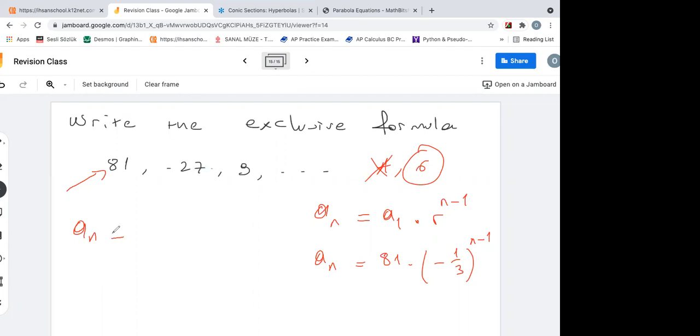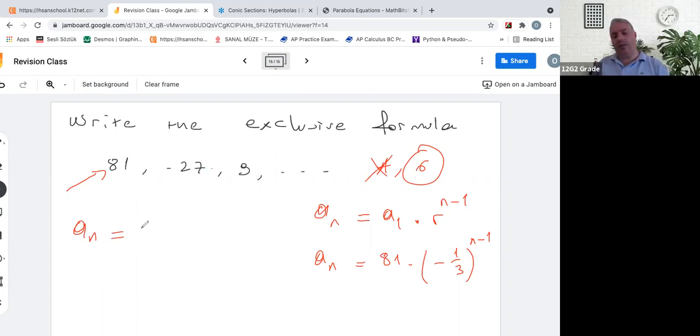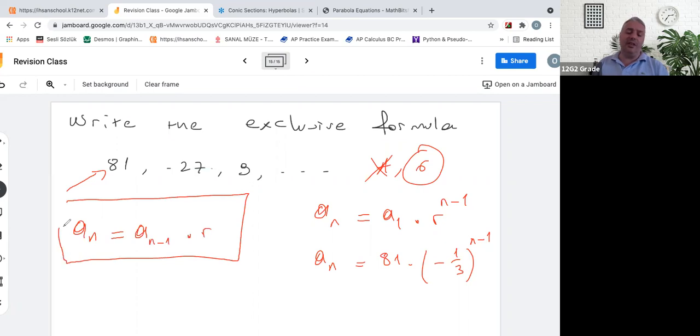AN is equal to AN minus 1 times R, isn't it? For the geometric sequences. In order to find this number from the previous number, I am multiplying by R. So 81 times R gives negative 27.